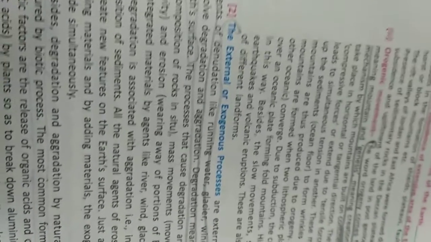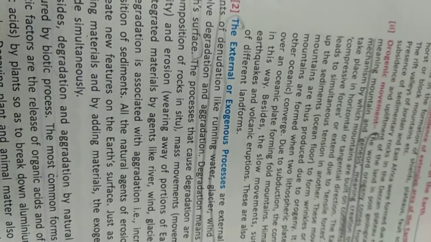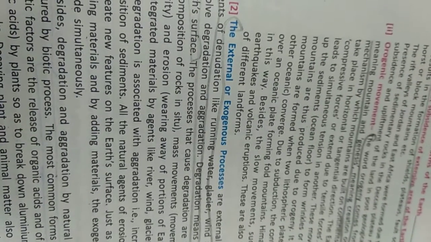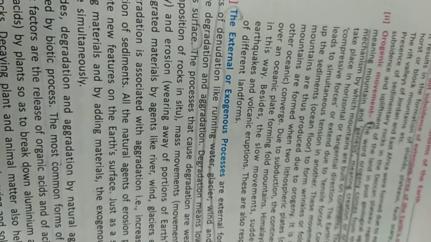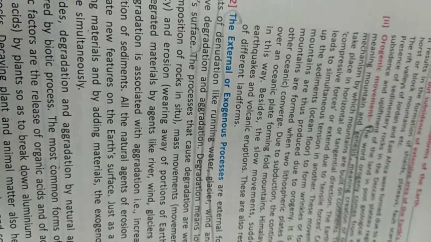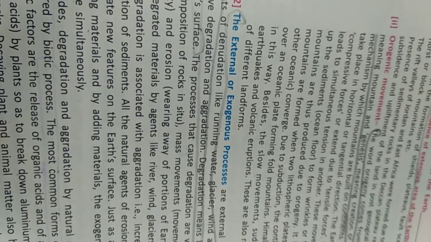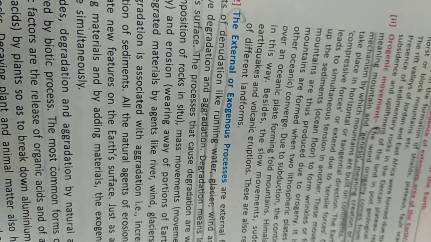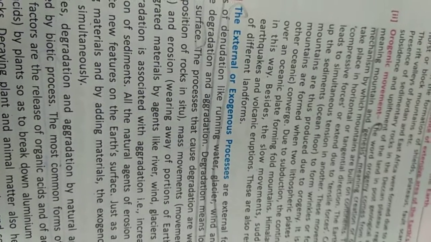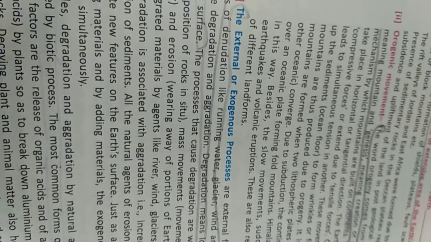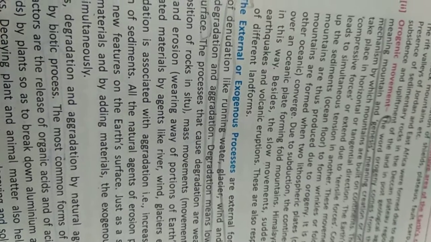All the natural agents of erosion perform both these activities. When the glaciers are moving from the mountains, they carry with them small fine particles of the mountains and the stones. But when they move downwards and the glaciers start melting, the particles start depositing at different places. So it is carrying and depositing somewhere.